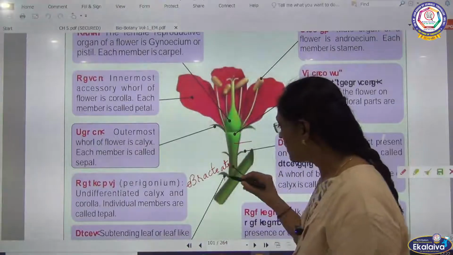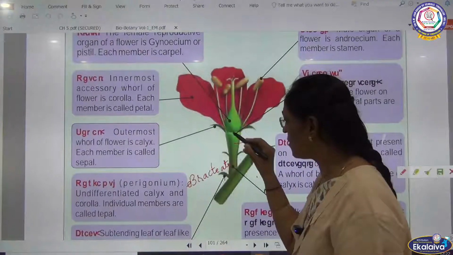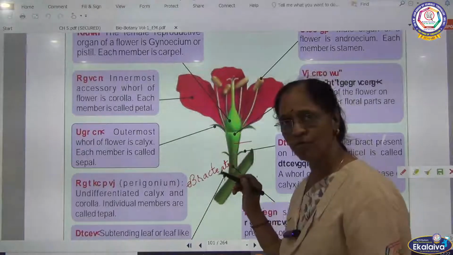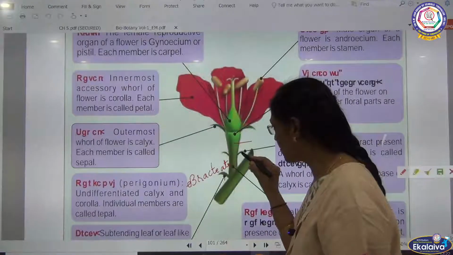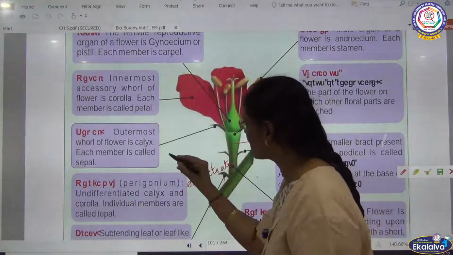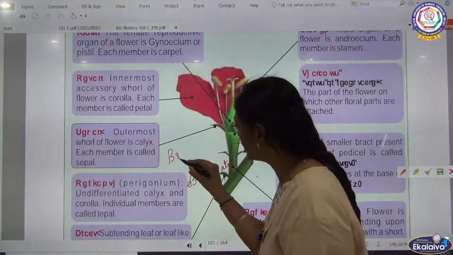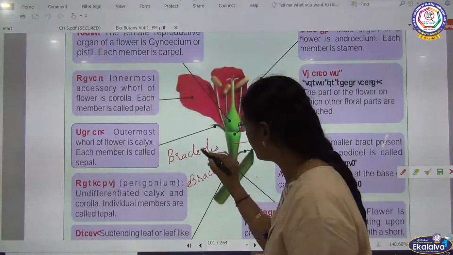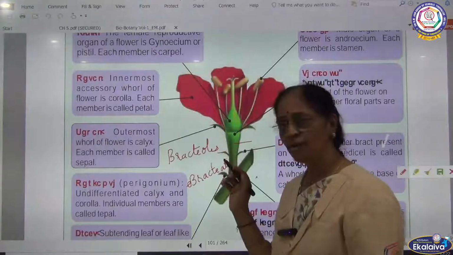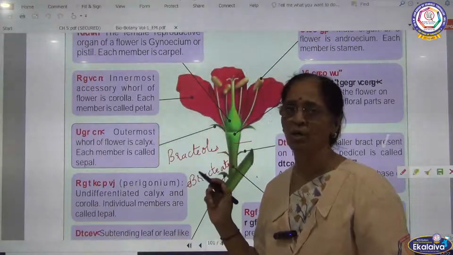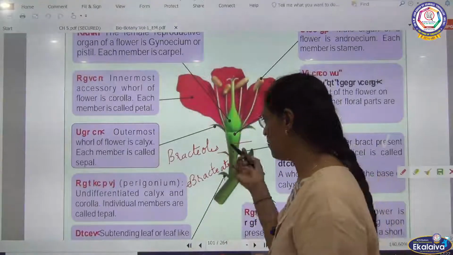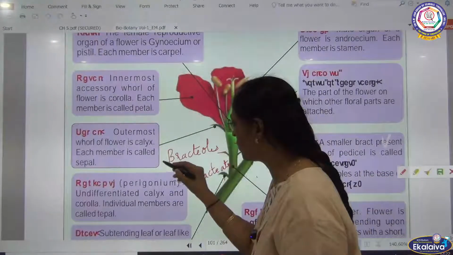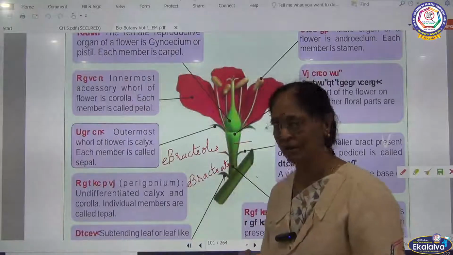And in between the bract and the flower, you will find in some of the flowers leaf-like structures, and these are called bracteoles. And if a flower is having bracteoles, you call it a bracteolate flower. If a flower doesn't have bracteoles, then you call it an ebracteolate flower.